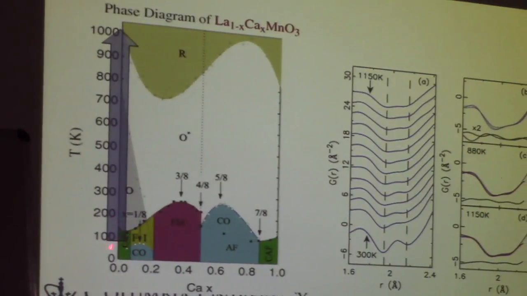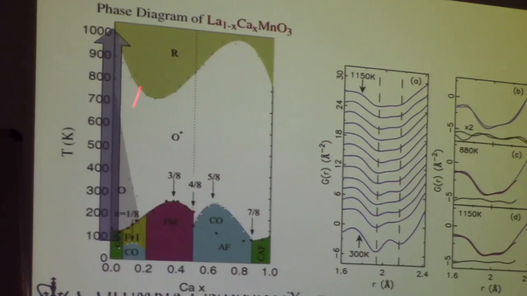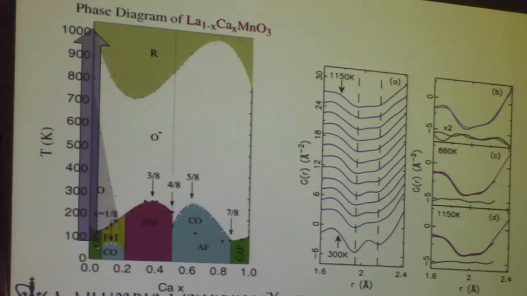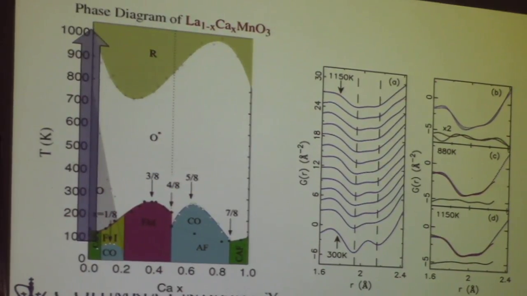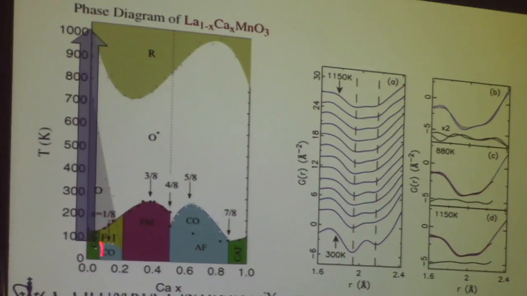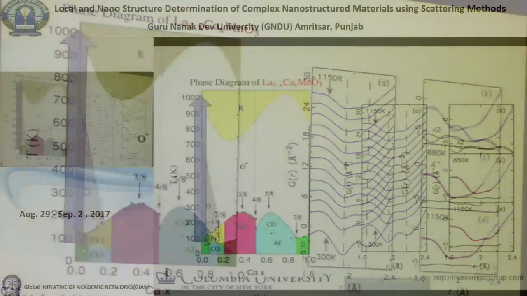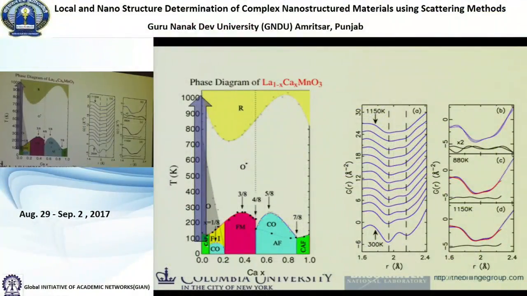What we did then is we went up in temperature, and it goes all the way up to 1,000 Kelvin, and actually the material goes into a rhombohedral phase, but crystallographically, in this phase there's no Jahn-Teller distortion. So this material would have Jahn-Teller distortion down a bit overlapped, but there's still a short and a long bond. So crystallographically, there's no Jahn-Teller distortion, but if you look in the PDF in the local structure, there is a distortion. So how do we reconcile that?